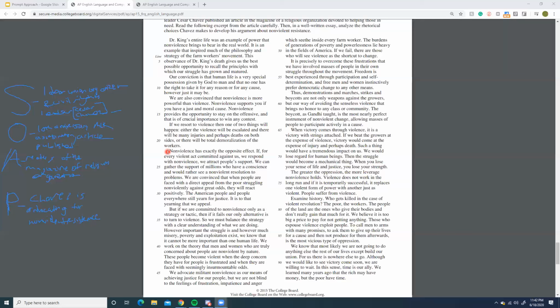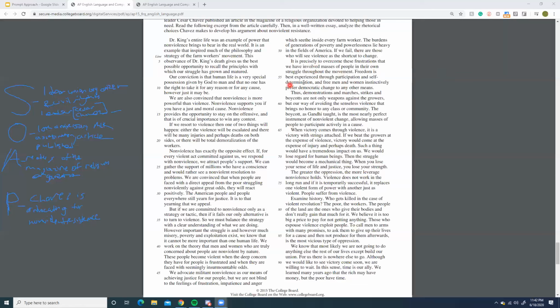We advocate militant nonviolence as our means of achieving justice for our people, but we are not blind to the feelings of frustration, impatience, and anger which seethe inside every farmer. The burdens of generations of poverty and powerlessness lie heavy in the fields of America. If we fail, there are those who will see violence as a shortcut to change. It is precisely to overcome these frustrations that we have involved masses of people in their own struggle throughout the movement.